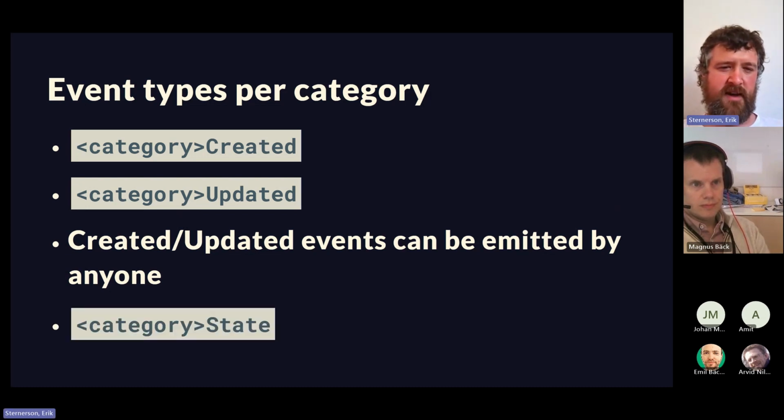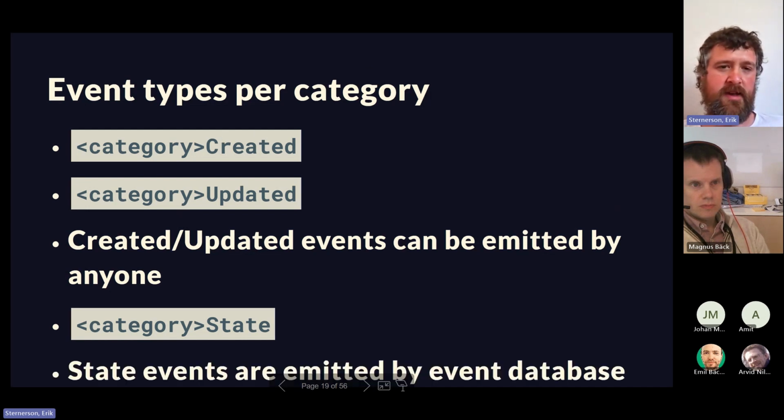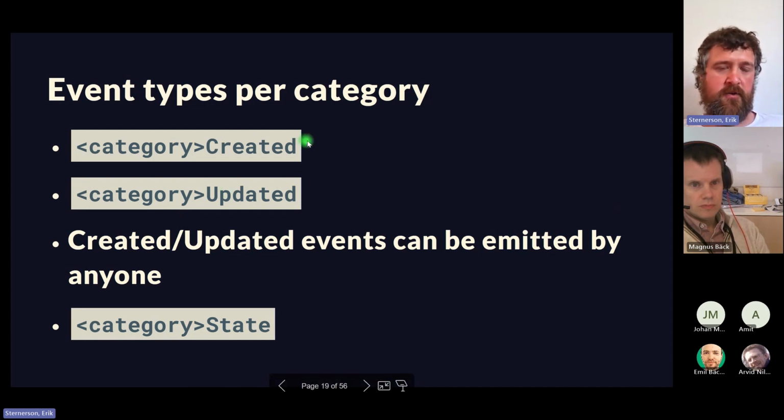Then there is a third event type, which is called state. And essentially what this is, is that anytime the object that is being referenced, so the object that was created up here in category created, or the object that was updated using product updated, for instance, whenever that changes, a state event will be sent out.